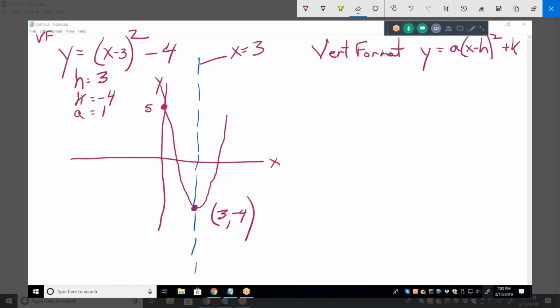They may actually say to you, I want the vertex and the x-intercepts, which means I've got to know this point and this point. And then I'll have the 3 points that will define this parabola. So how do I find those 2 x-intercepts?